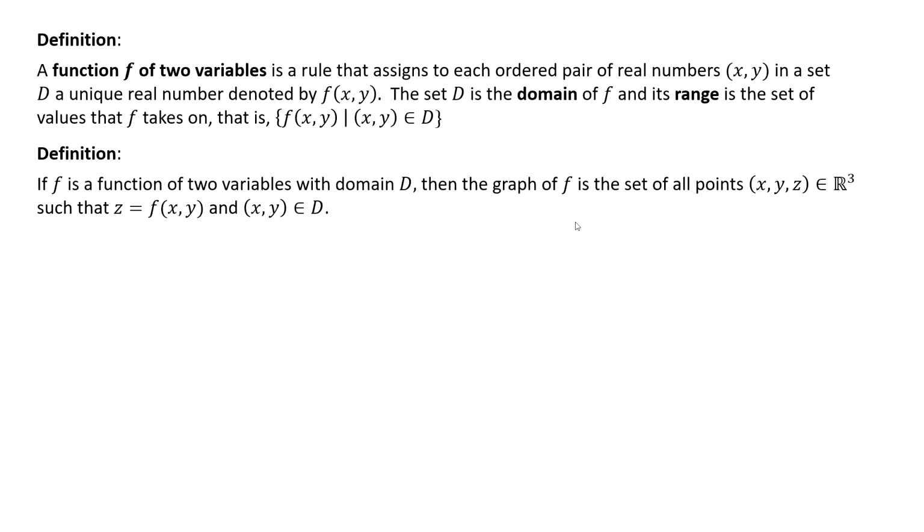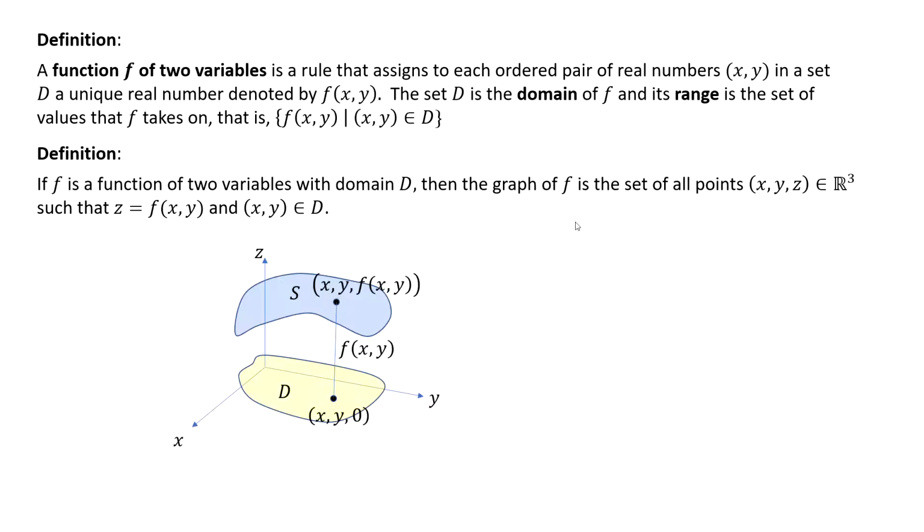If we plotted x comma f of x, which is x comma y, what do we get? We get a curve. What would happen if we were to plot x comma y comma z, all this set of points, x, y, and z? What do we get? Do we get a curve? The answer is we actually get a surface.